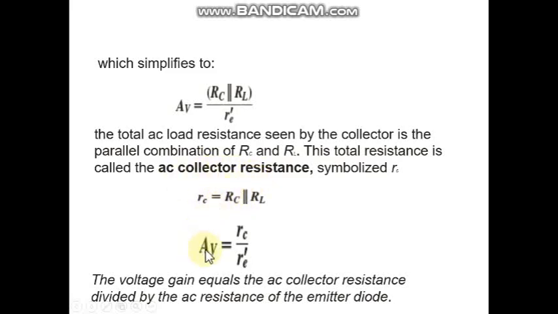So now your AV voltage gain is nothing but rc upon RE dash, where rc is RC parallel RL. So the voltage gain equals the AC collector resistance divided by the AC resistance of the emitter diode. This becomes your final equation of voltage gain, rc upon RE dash.